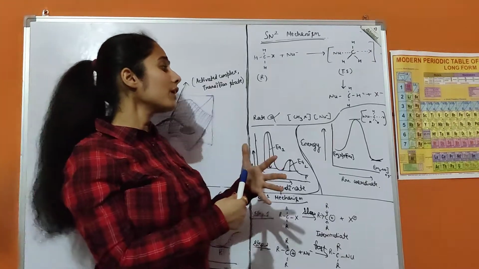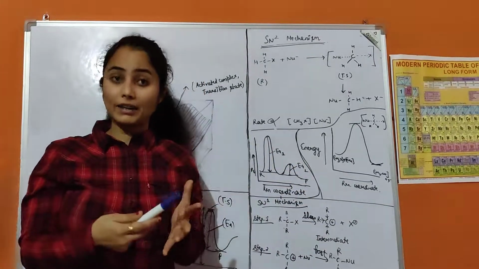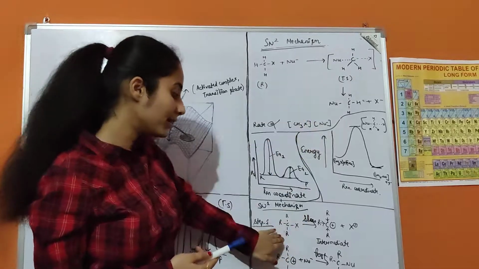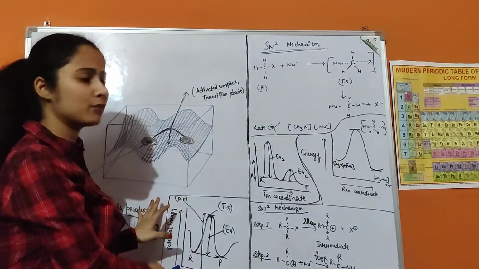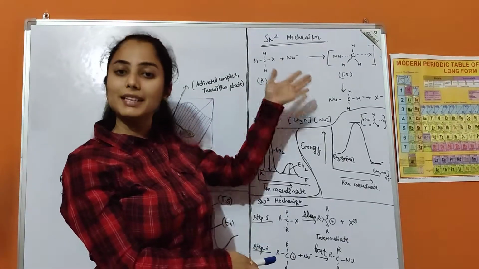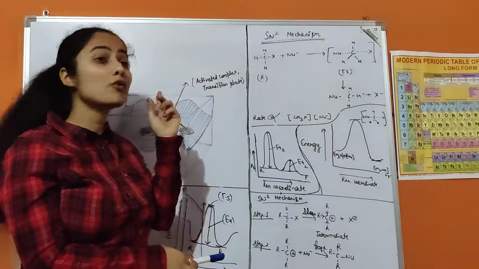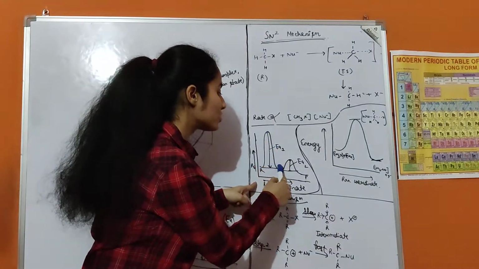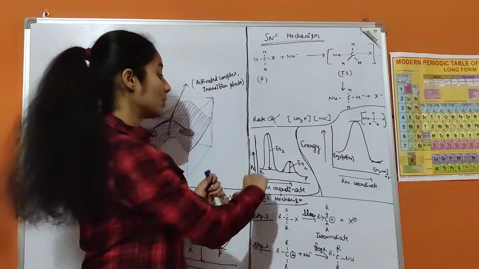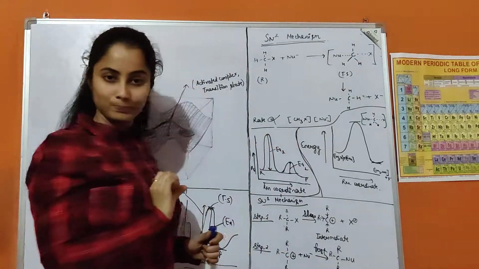Now if I draw the reaction coordinate diagram for SN2 and SN1, for SN2 it is very simple, as I have discussed, because this is a single step reaction. But in case of SN1, we have a two-step reaction and these are two peaks.